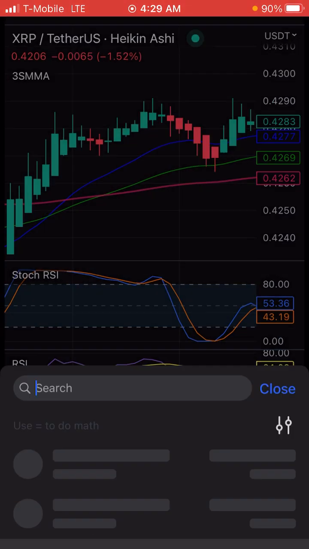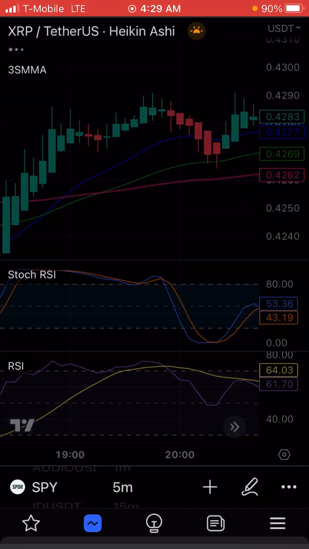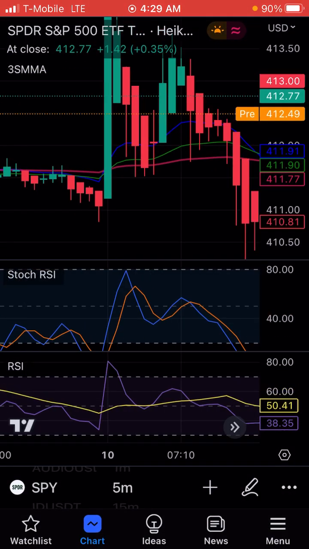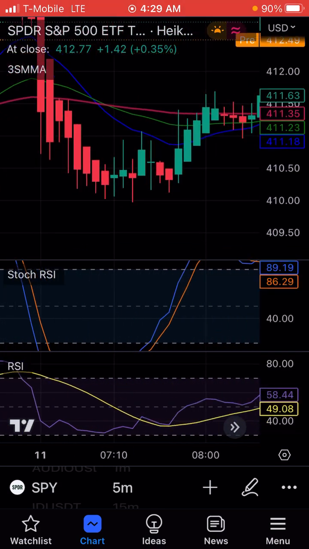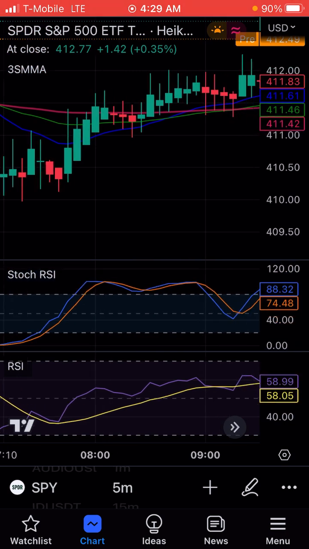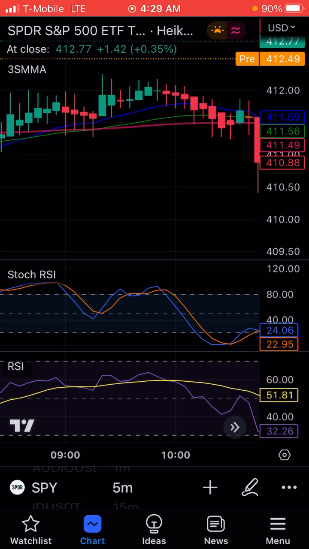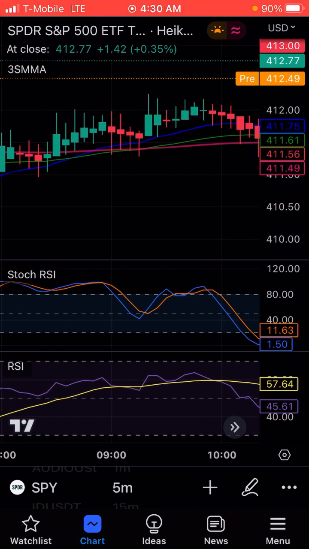Now I want to show you how to do this with the stock market. And the formula is simple. It's the same thing, except the only difference that I do, and I am going to be showing you guys some other strategies that I do that help, but it doesn't have to do with the strategy.